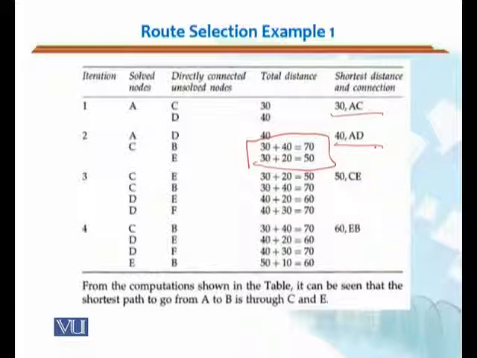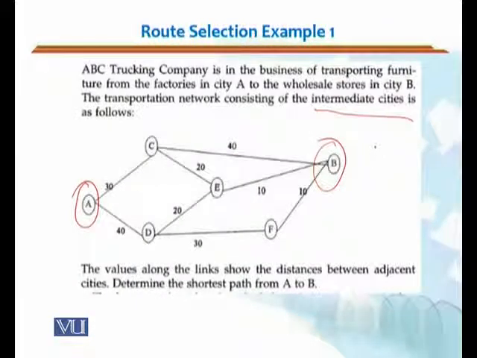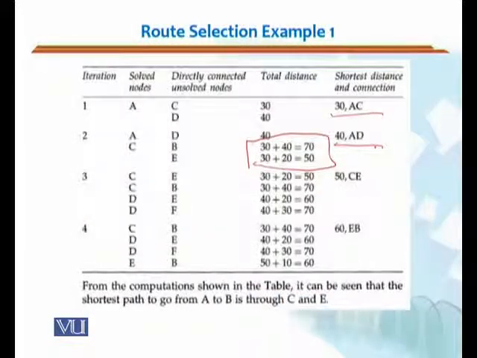So A would not be a part of your third iteration. In fact, C and D would be a part of your third iteration. So C is connected with E, C is connected with B, D is connected with E, D is connected with F. If you see the network, you can easily take their values as well.